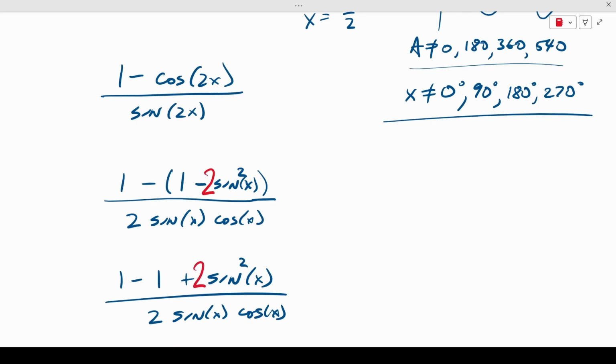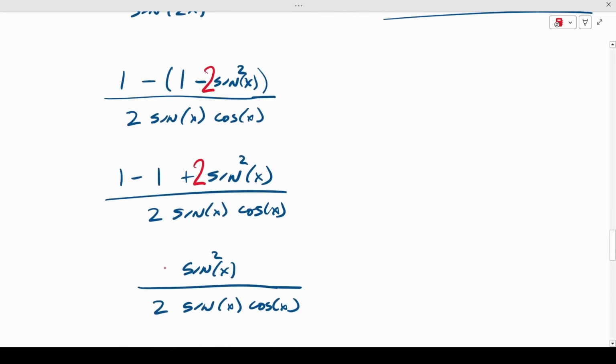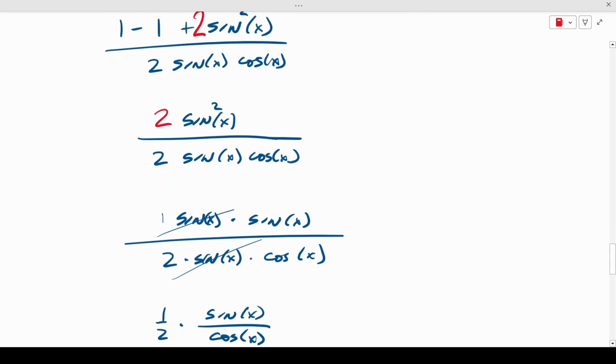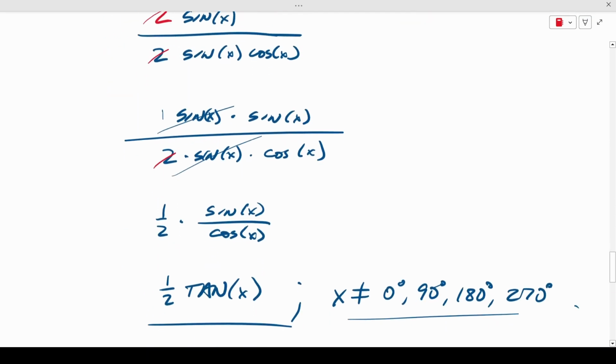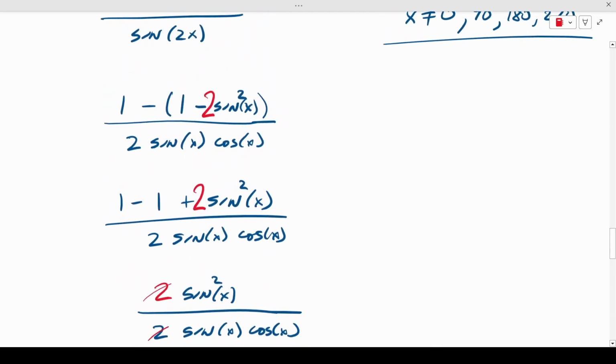So this becomes a 2 sine x squared. And so on my simplification here, I end up canceling out both 2's. And so in fact, this is not 1/2 tangent x. It's just tangent x. Okay. So sorry about that. I missed that.